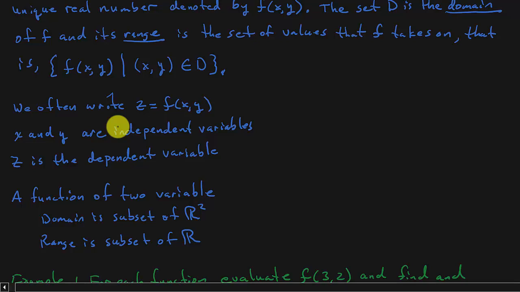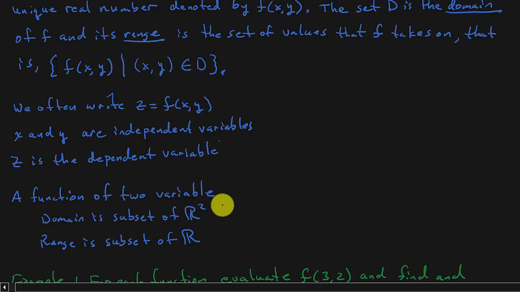It's like the linear functions from college algebra: you would write y equals 2x plus 1, and sometimes you could write f of x equals 2x plus 1. x and y are your independent variables, and z is the dependent variable.